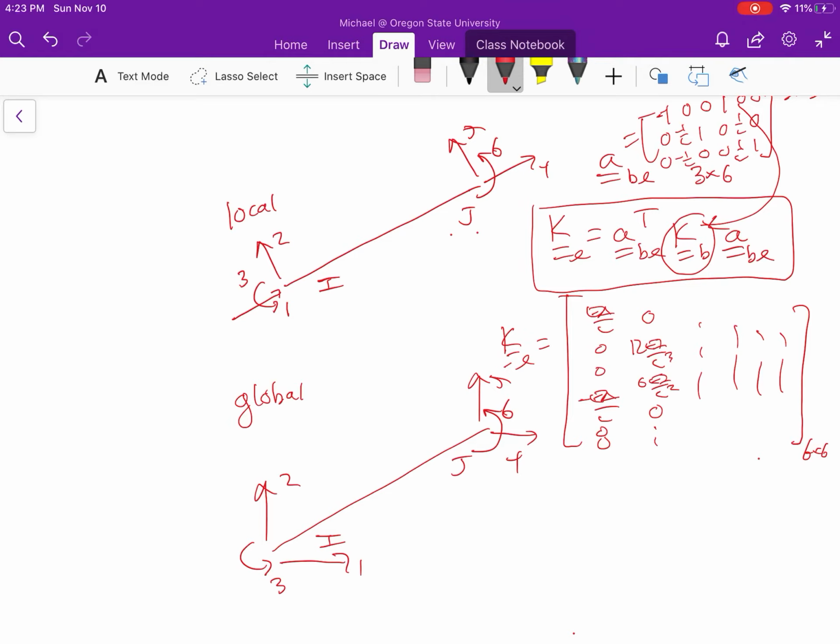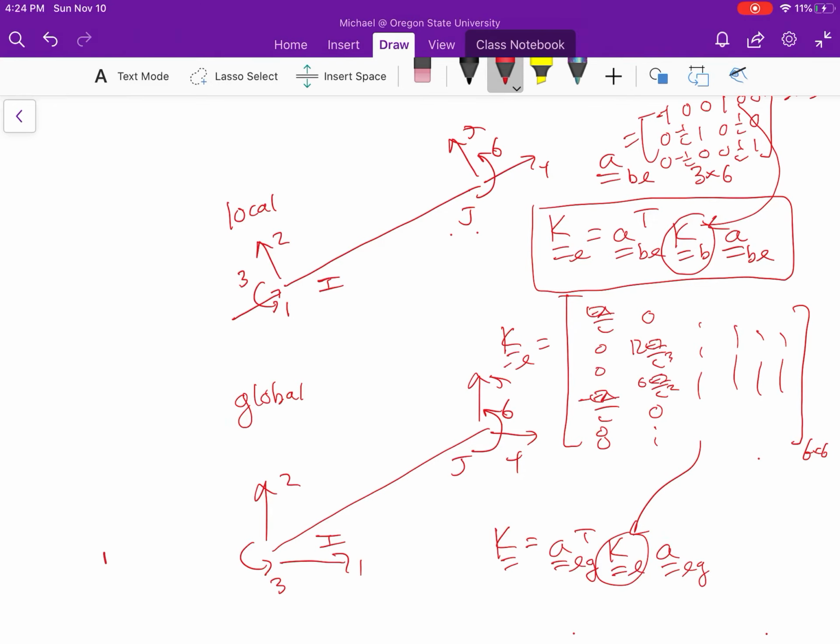To that end, we form K global. There's going to be another triple product, ALG transpose times K local, which we just computed, times ALG.